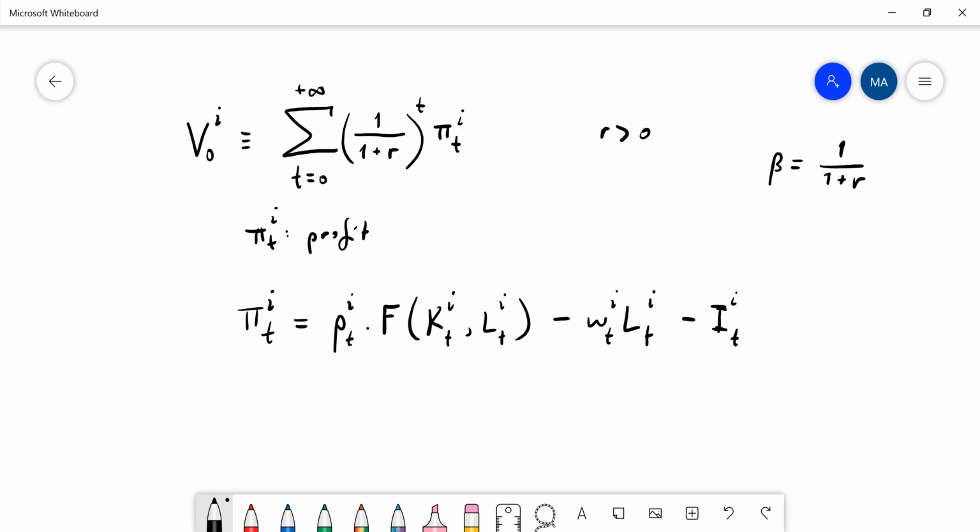So then what does this firm actually do? There is, of course, now this dynamic equation. As in the consumer's case, there is also a dynamic equation here. So suppose that the firm's capital stock changes in this particular way.